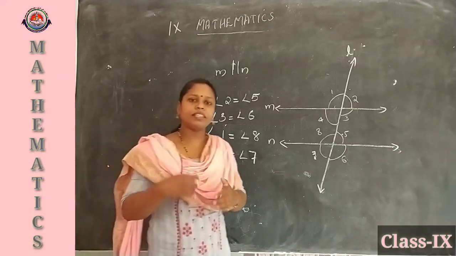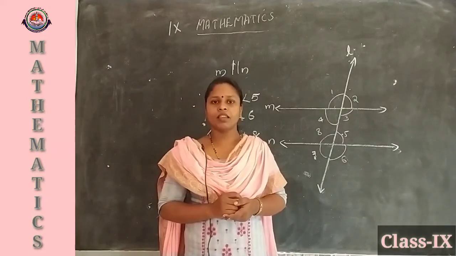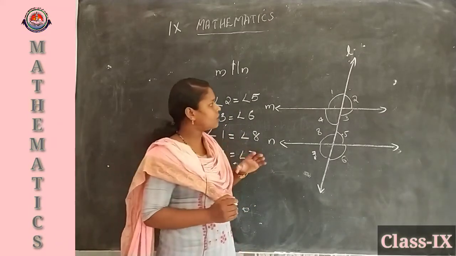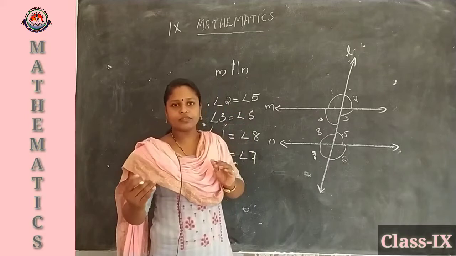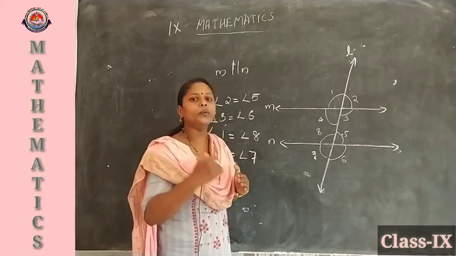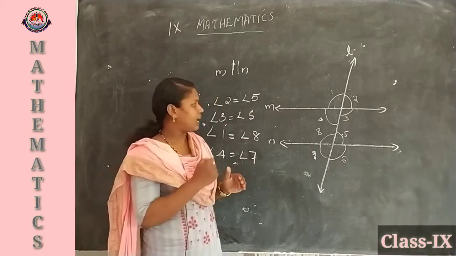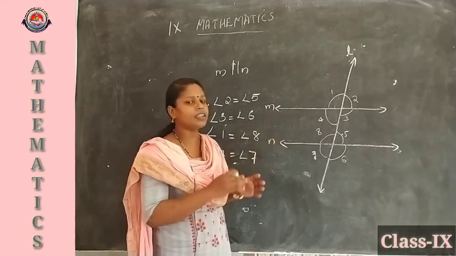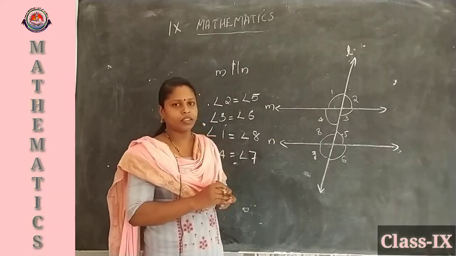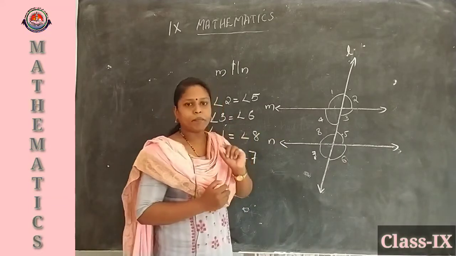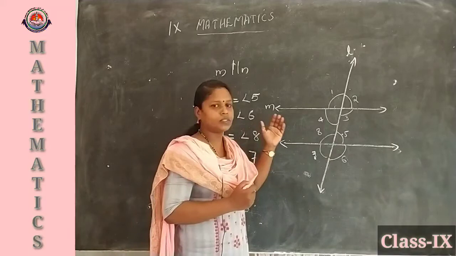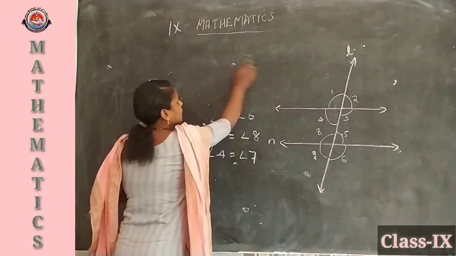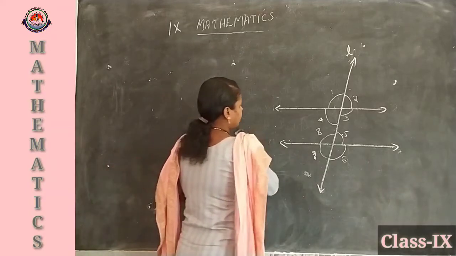And what will be the next axiom? The converse of this one. The converse means if a transversal intersects any two lines, which are not parallel, such that a pair of corresponding angles is equal. For our fourth axiom, the lines are not given as parallel.